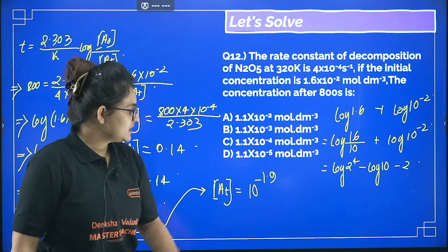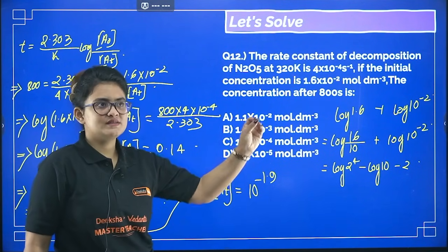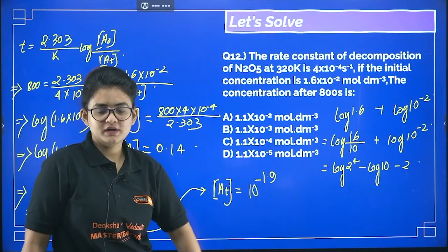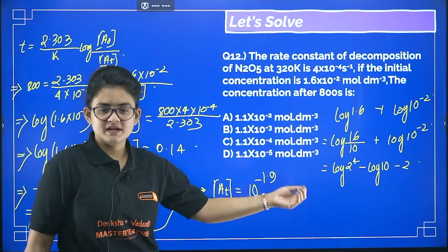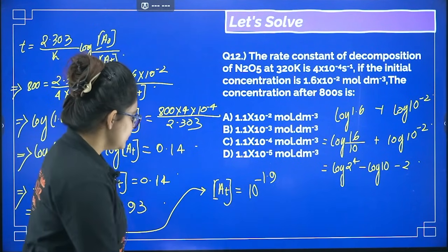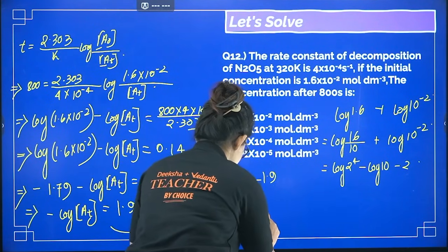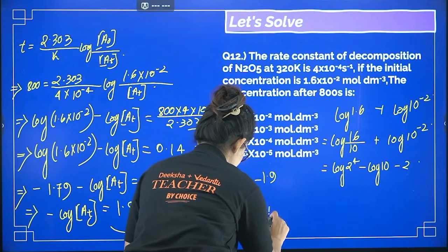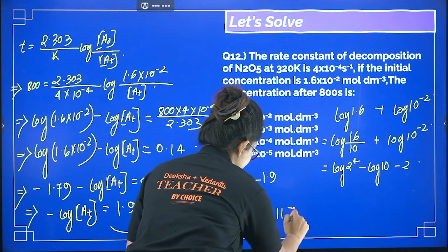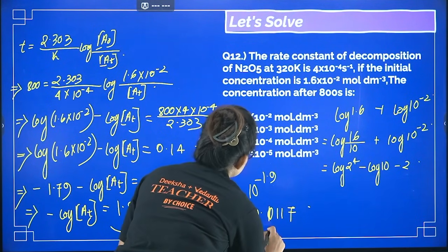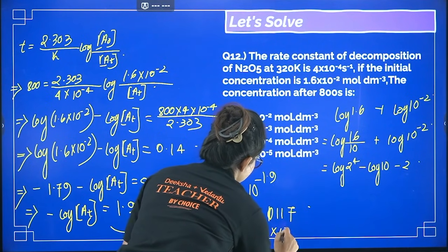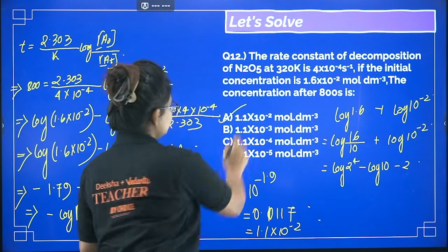So you should get minus 2 minus 0.1, like that you can do. 10 power 0.1 value you have to remember, then you can just put it over there and you can get the value easily. If you simply calculate this, it will come to something like 0.0117. From there you can write 1.1 into 10 power minus 2. So this is going to be the correct answer.